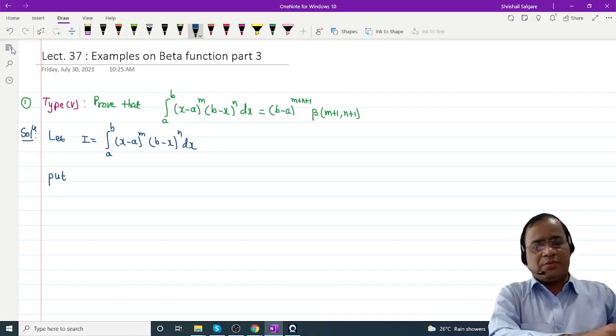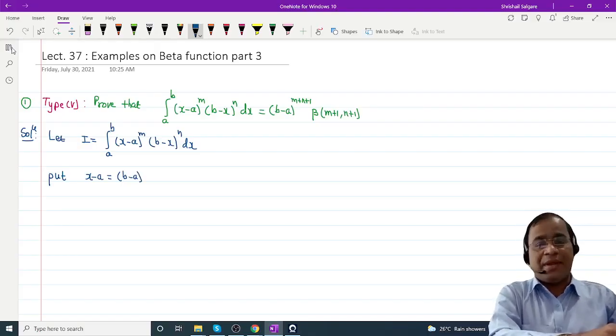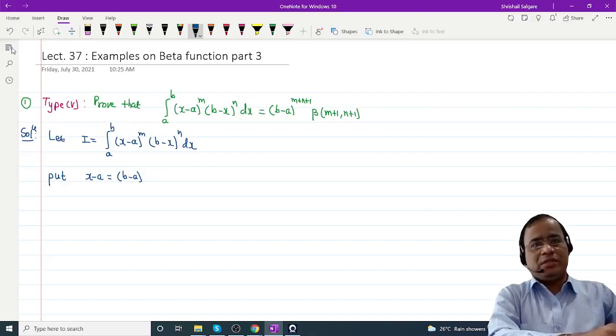So what is the substitution? This is a way to remember the substitution. This is not the actual substitution, and from this we derive it for x. One factor is given as x minus a. X minus the lower limit is equal to the difference of the two limits, that means upper limit minus lower limit, b minus a, into t.